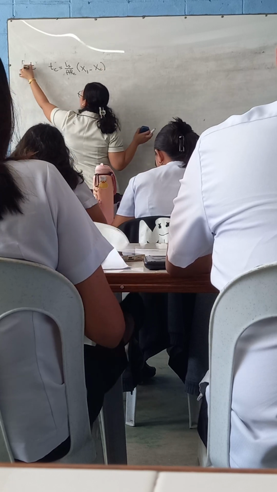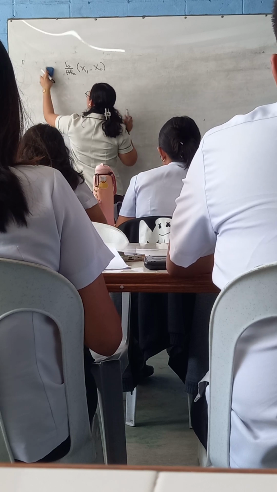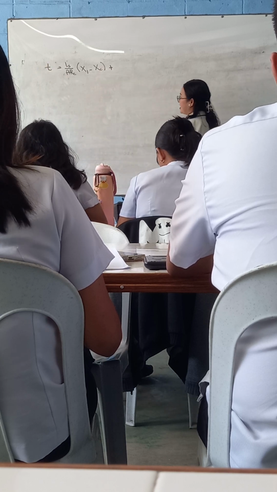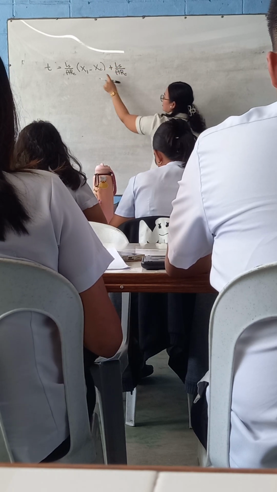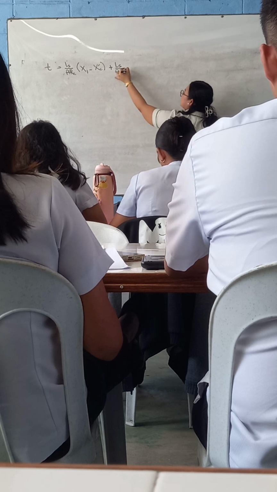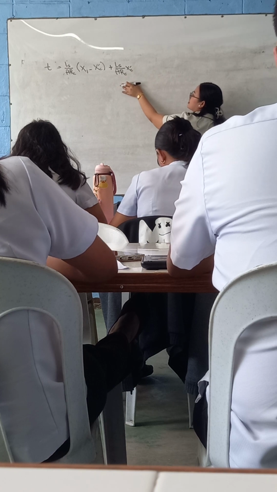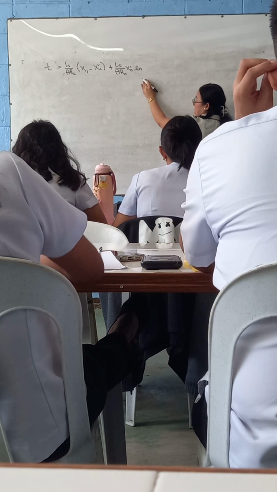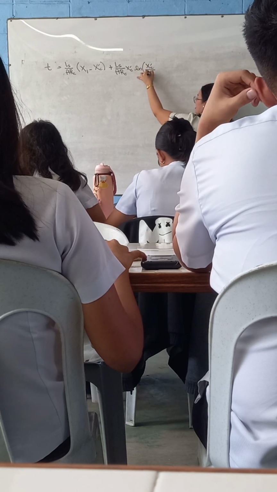For the TF, where does it come from? T is equal to TC plus TF. What is the formula for TF? Ls over A Rc times the critical free moisture content times ln of Xc prime over X2.